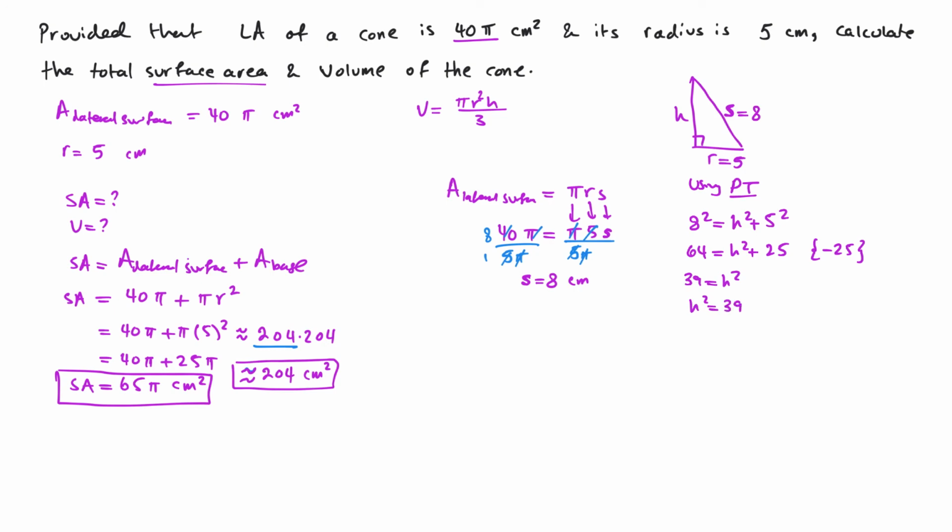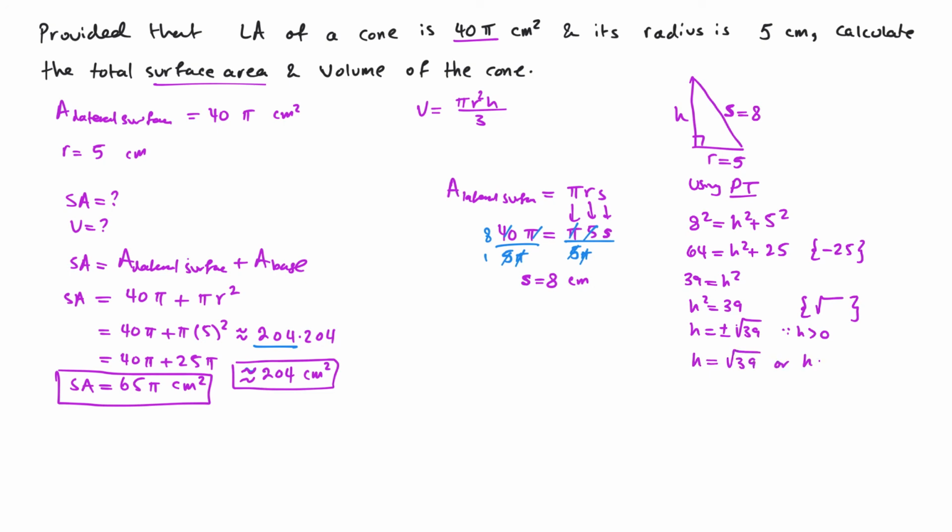To find h, I have to square root both sides, and I get h is equal to plus or minus the square root of 39. Since h is a side and it always has to be a positive value, h is simply the square root of 39.